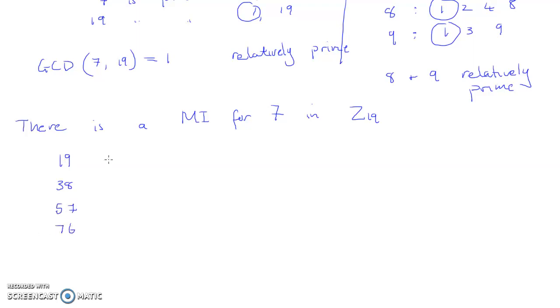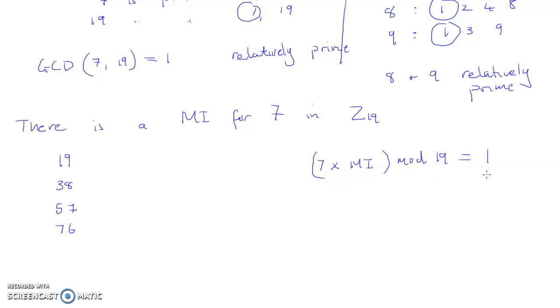Remember, we have to say that 7 multiplied by its multiplicative inverse, mod 19, equals 1, i.e. there will be a remainder of 1 when 7 multiplied by a certain number is divided by 19.